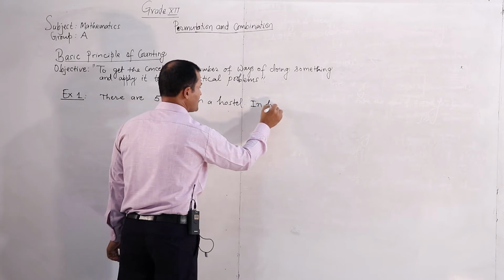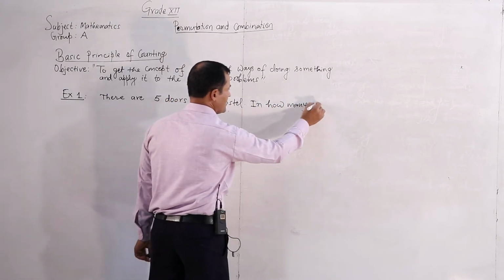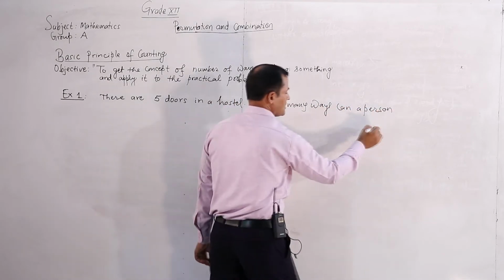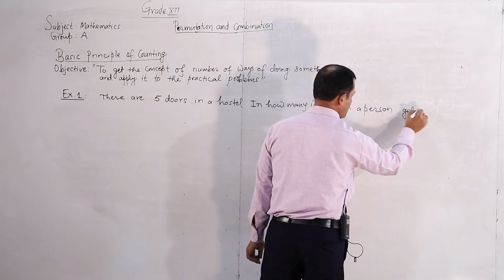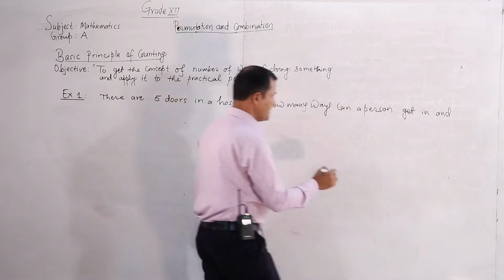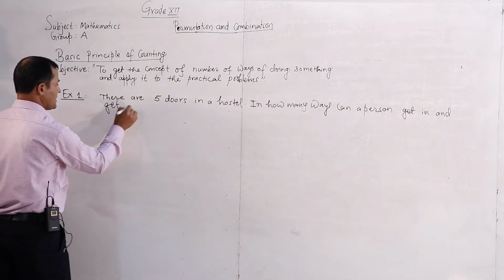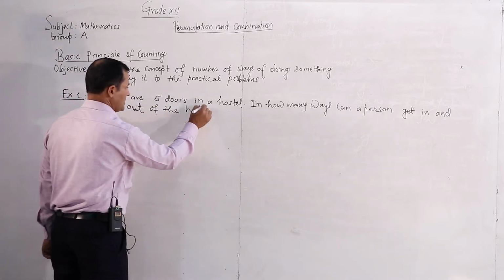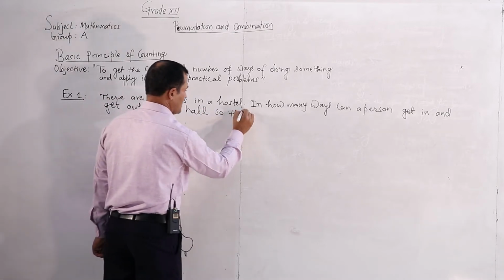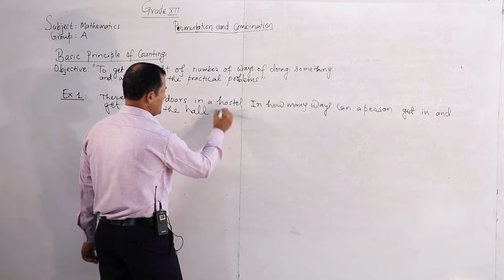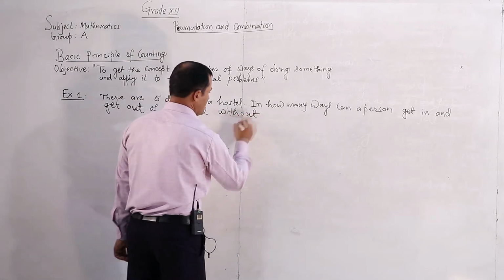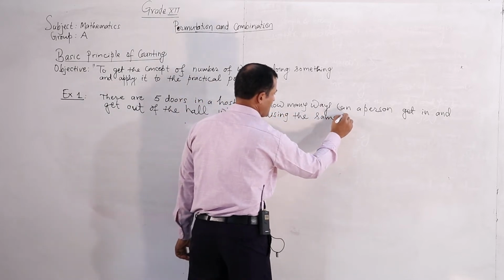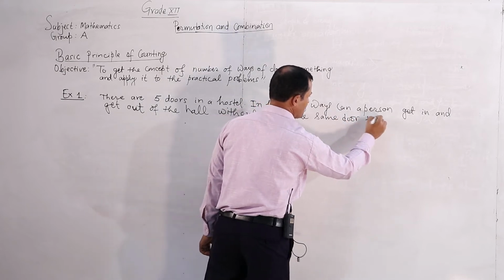In how many ways can a person get in and get out of the hall without using the same door twice?